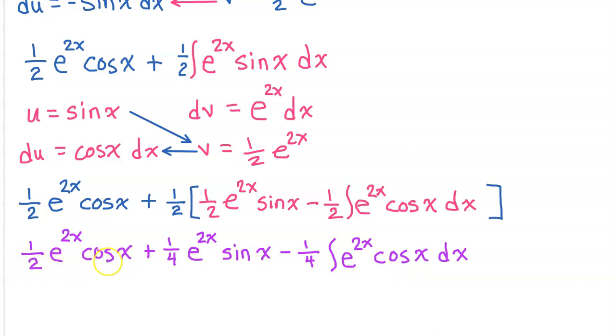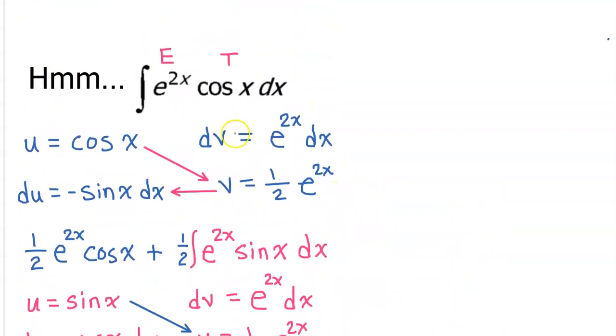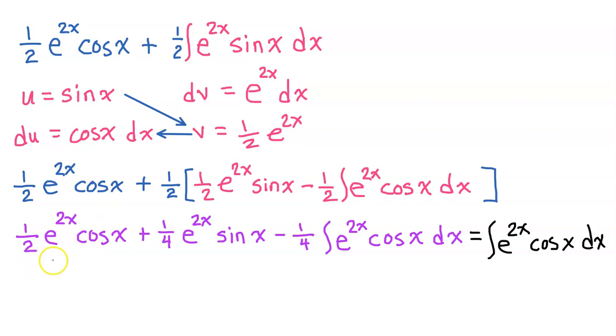Remember, everything we've done is supposed to be the value of the original integral. So let's set this entire expression equal to the original integral. When you set what we have so far equal to the original integral, do you notice anything interesting?